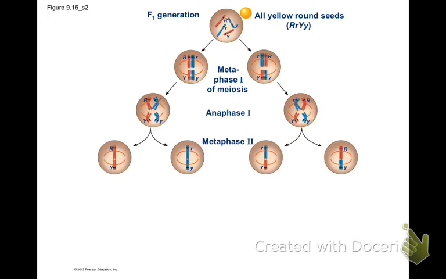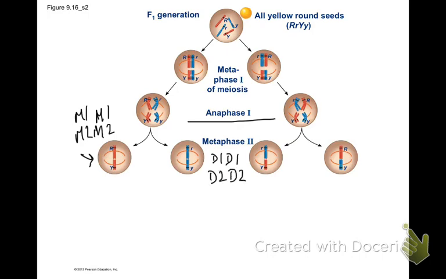Then you would have a further step in anaphase 1, where they distribute themselves in such a way that one cell gets, in this case, M1 and M2, two copies of it, and the other gets D1 two copies and D2 two copies.